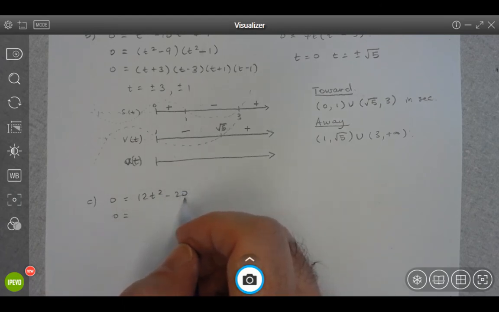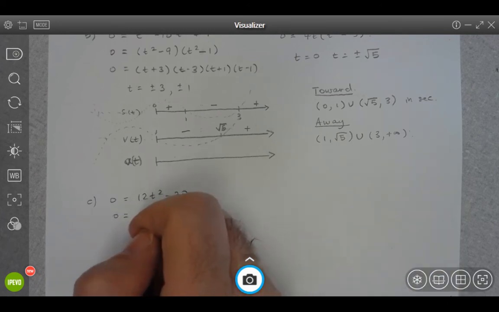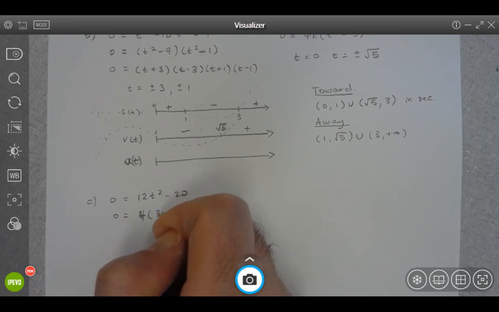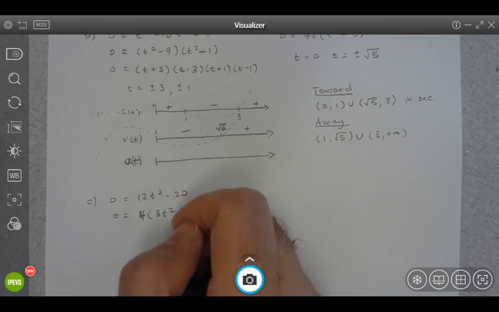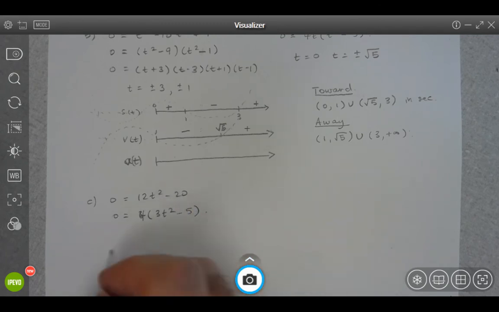We're left with 3t squared minus 5. So that means that 3t squared has to be equal to 5. t squared has to be equal to 5 over 3. And so t is equal to plus or minus root 5 over 3.